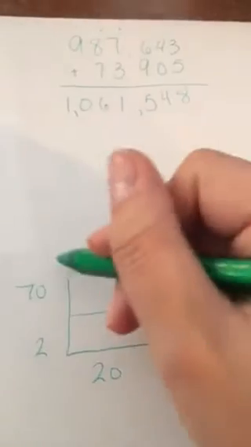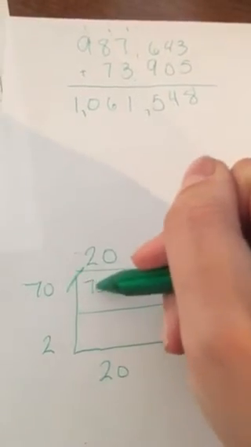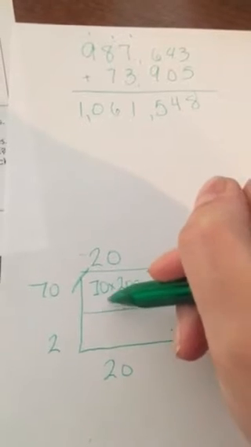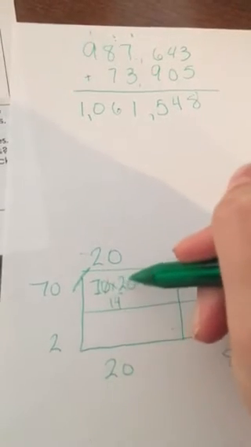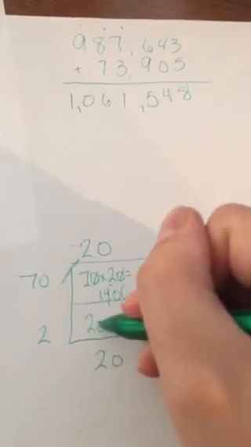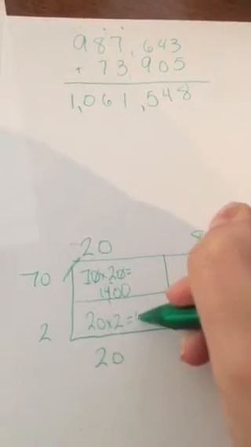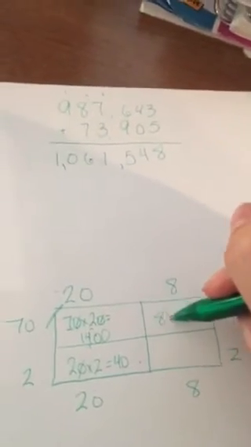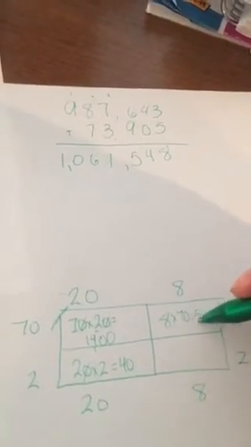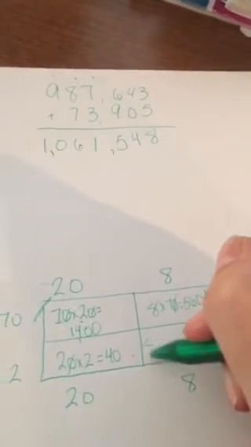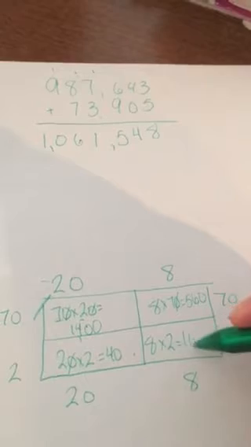So I have my first quadrant, 70 times 20, and I know 7 times 2 is 14, slash, my zeros. I know 20 times 2 is 40, slash my 0. 8 times 70 is 56, slash my 0. And 8 times 2 is 16.